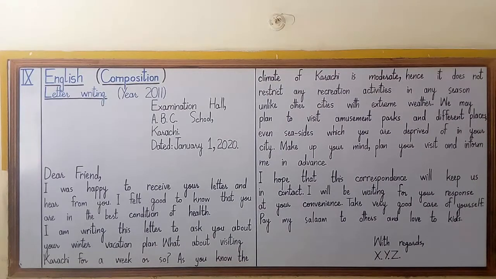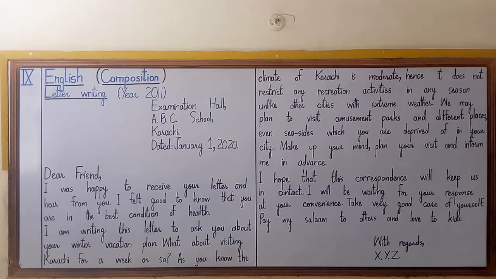Then we leave one line and we start body, and in the body there are 2 paragraphs. Greetings with salutation, and the second paragraph is purpose or detail. Then the next part is closing, and after closing we again skip one line and then we write ending, and in the end we write name or signature.